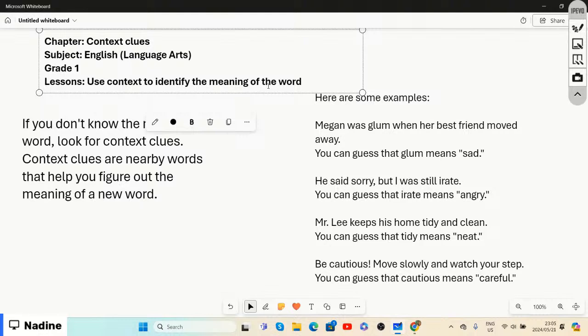And the lesson that we're going to be focusing on under the chapter of context clues is to use context clues to identify the meaning of the word.